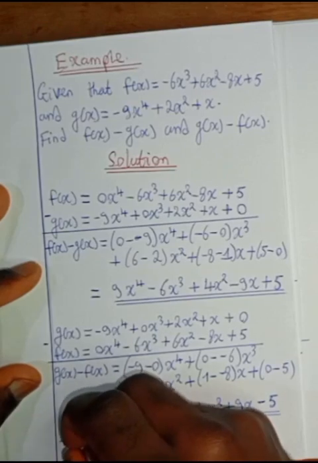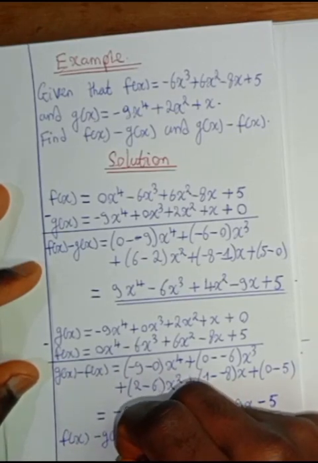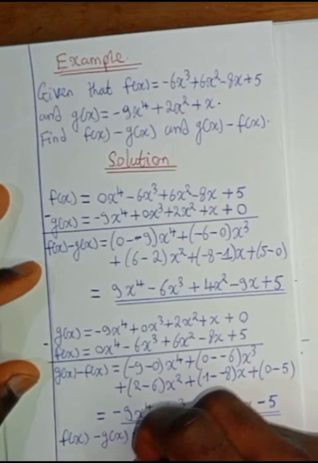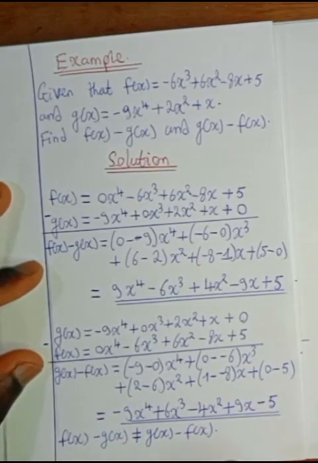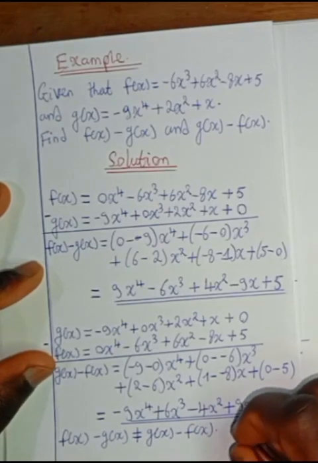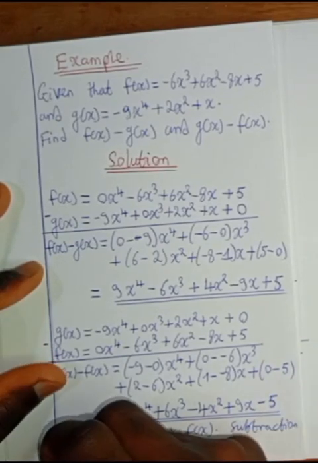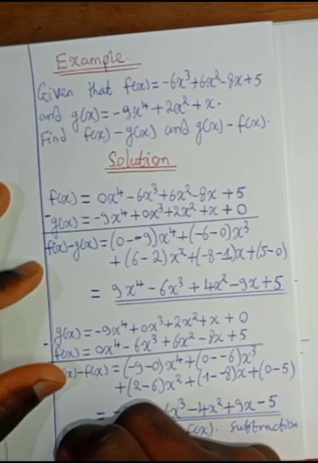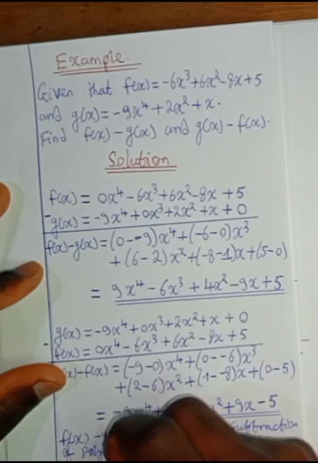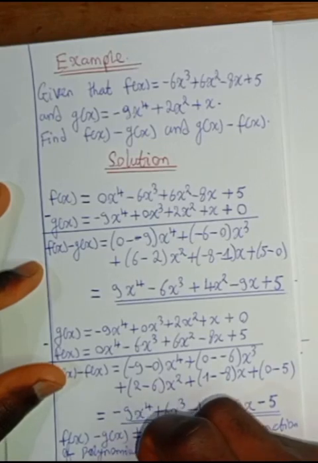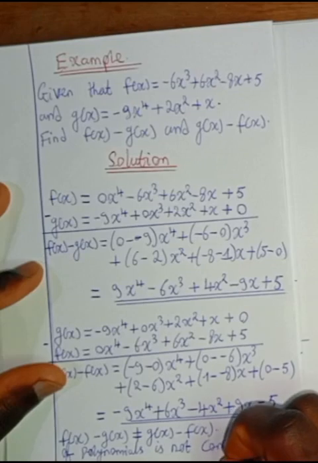F of x minus g of x is not equal to g of x minus f of x. In this case, we say that subtraction of polynomials is not commutative.